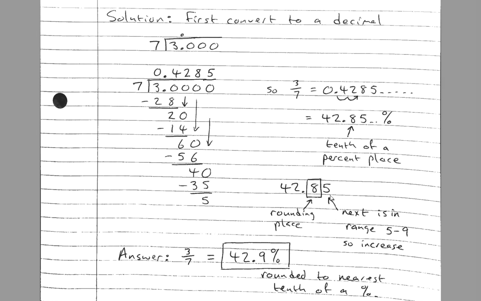Now you can see why we had to go as far as the 5 here, 4 places. It's so that we had the digit to the right of the rounding place. If we'd stopped at the 8, then we'd need one more to get the rounding right.